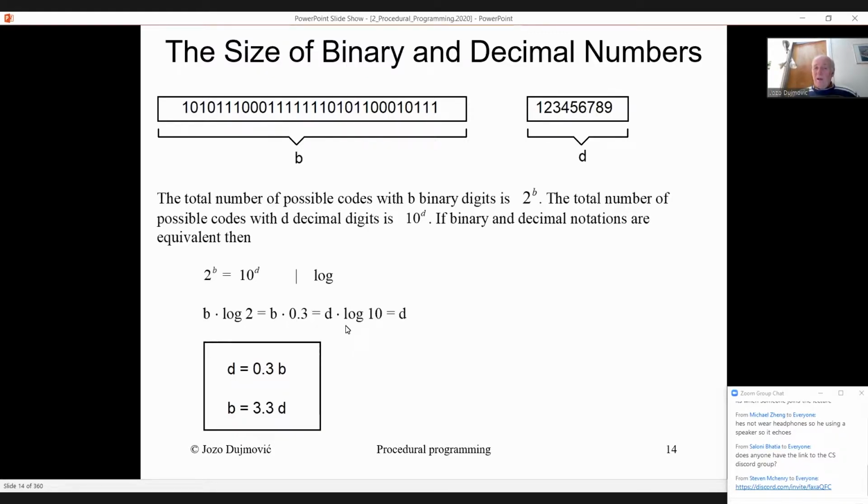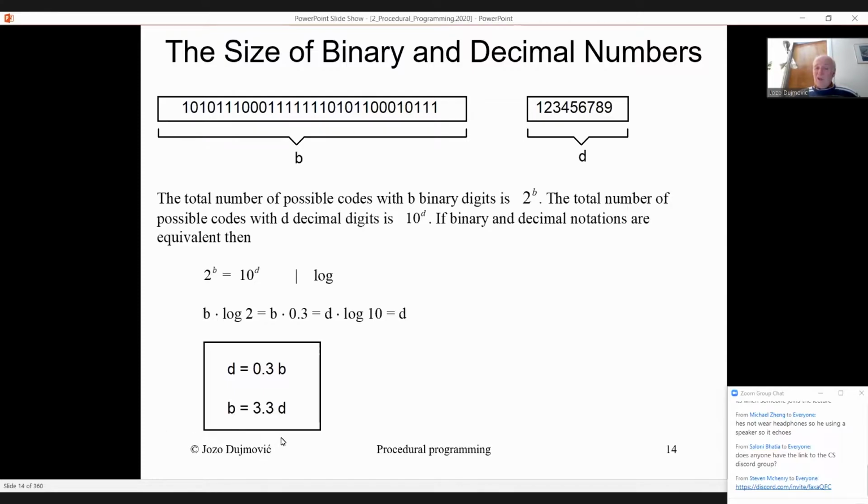Logarithm of 2 is approximately 0.3, so B times 0.3, and logarithm of 10 is 1, so this is equal to D. So the ratio is that the number of decimal digits is 0.3 times B, that can fit in B bits. The question, how many bits do you need to have D digits, is 3.3 bits per each decimal digit, approximately.